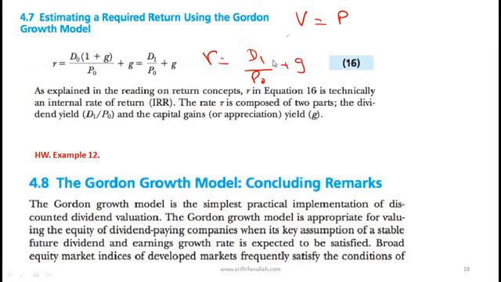This is just rewriting the Gordon growth model. So this effectively tells you the discount rate which makes the present value of future dividends equal to the price. So this is technically the IRR. But what you should not do is calculate R based on this model, and then use that R again in a Gordon growth model to come up with a price.